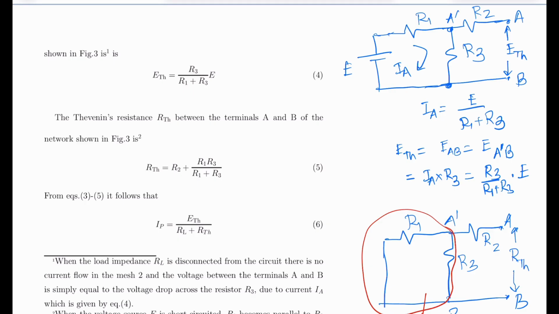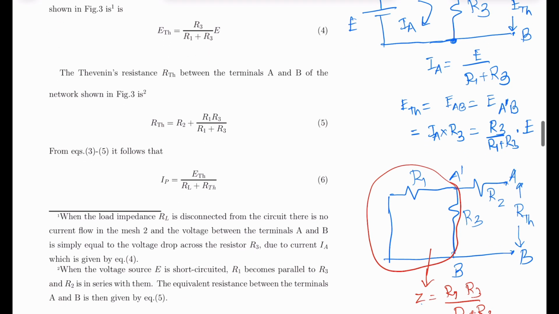Next comes the value of Thevenin's resistance. Thevenin's resistance is obtained by disconnecting the load resistance between the terminals A and B and replacing the voltage sources in the circuit by their internal impedance, if any. So we have replaced the voltage source here. If you replace the voltage source in this part, R1 and R3 come in parallel.